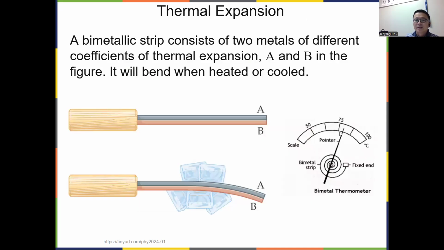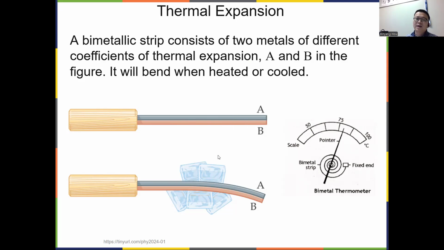The original, old-fashioned thermometer, if you find one somewhere in a building, is actually using the difference in expansion of two metals. There's a bimetal strip made of two metals here, and because of the different coefficients of expansion, it depends on temperature.